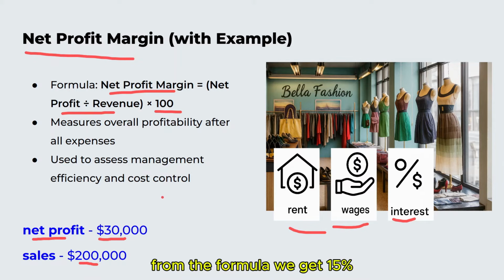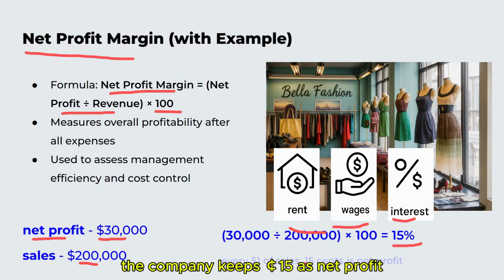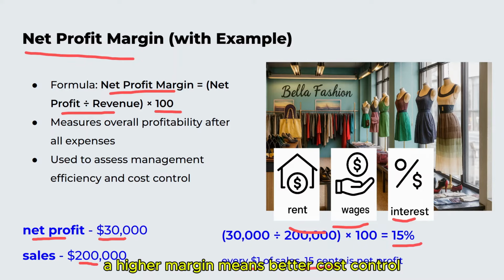From the formula, we get 15%. So for every $1 of sales, the company keeps 15 cents as net profit. A higher margin means better cost control, while a lower one suggests rising expenses or falling sales. Comparing net profit margins with previous years helps managers see if efficiency is improving.